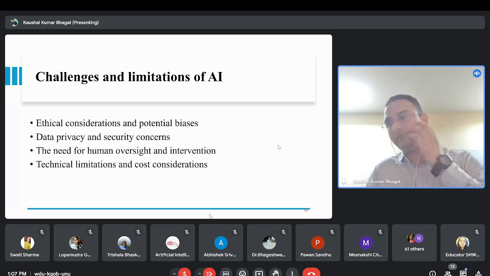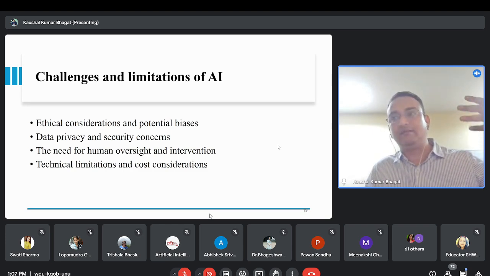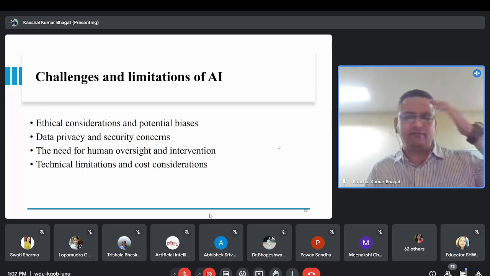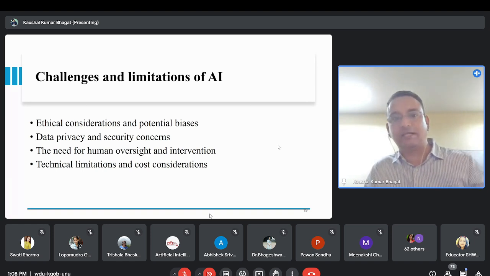One example I'm giving: there was one research in the US where they fed different human faces, and I'm forgetting the context, there was some crime, and they predicted that more black people will commit the crime. So that's basically a bias, right? Because most of the criminal images were of black people.